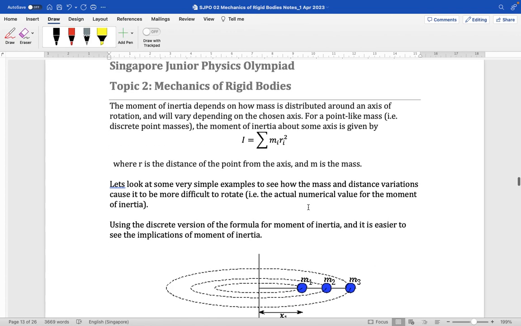Luckily for us, for our physics Olympiad, most of our questions for this moment of inertia will be discrete point objects. So we can simply add them up like this. The moment of inertia for a collection of objects is simply the sum of each of their moments of inertia. So mr squared for one object, if you have two of them, you find mr squared for each of them and simply add them up.